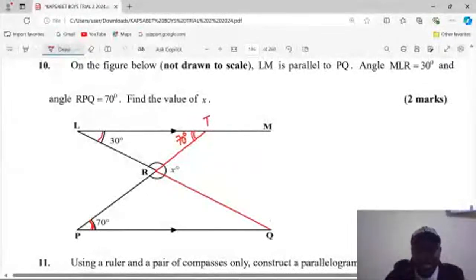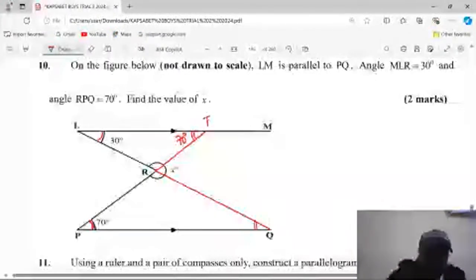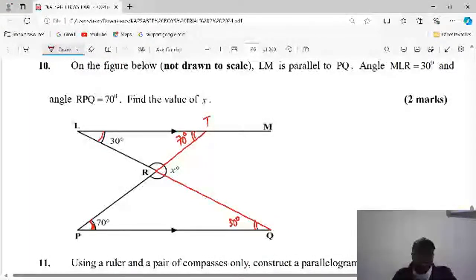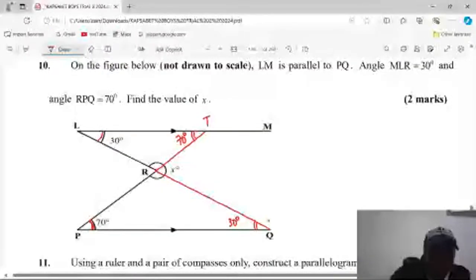If I extend the line there, I'll also be having the angle 30 being alternate to the angle. They are called alternate angles because of the parallel lines and the transversal. Therefore, I will talk about 30 degrees. 30 degrees and 70 degrees, we shall have becoming 100.